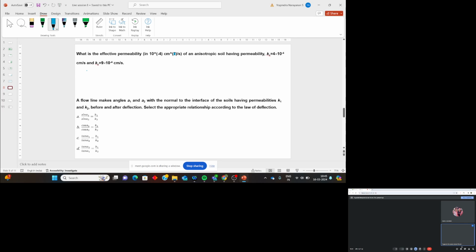Yes, sir, 6 into 10 to the power of minus 4 directly. Next question. Flow line makes angles A1 and A2 with the normal to the interface of the soil having permeabilities K1 and K2 before and after deflection. Select the appropriate relationship according to the law of deflection.